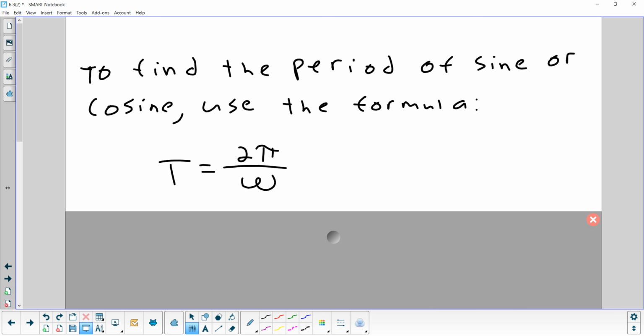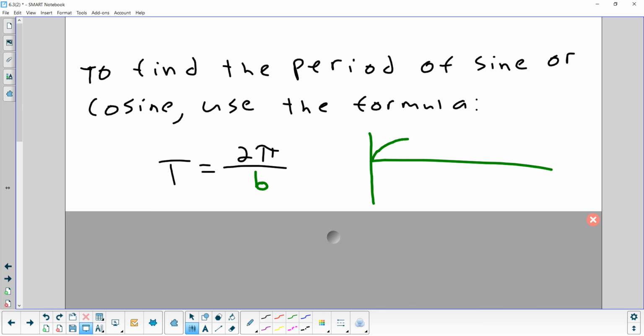And the formula to find the period of a sine or cosine function is 2 pi divided by the number in front of x. This is the number you're multiplying by to change the period. So it's 2 pi divided by the stretch or compression factor. And what this tells you is the length of the cycle.